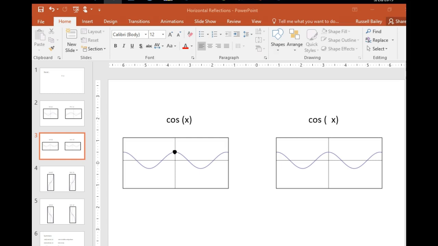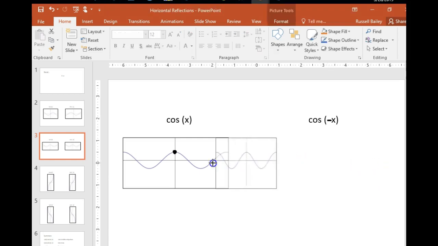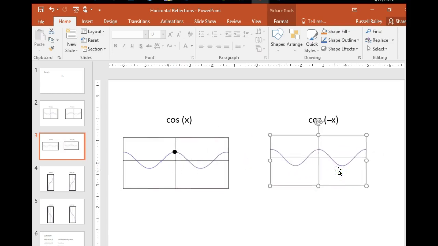But if I reflect this thing horizontally, put a negative inside on the angle, where does it start? It didn't change. You guys see how it's identical? So that one's weird. It doesn't play like sine does. It works a little bit differently. It's symmetrical. So when you flip it horizontally, nothing happens.